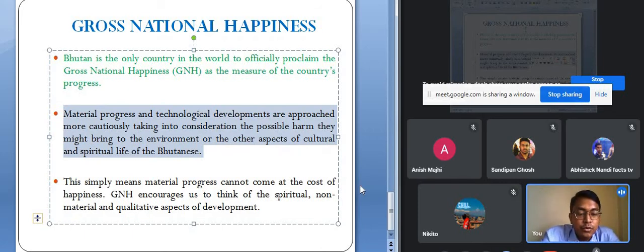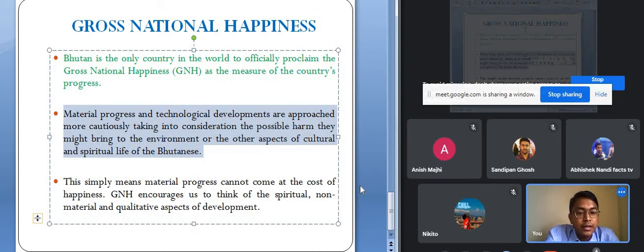So basically the Bhutanese people do not measure material progress. They do not measure how much wealth they have, whether they have cars, whether they have buildings or not. They do not measure the level of technological development. Why? Because they consider that technological development and material progress will cause only environmental degradation.